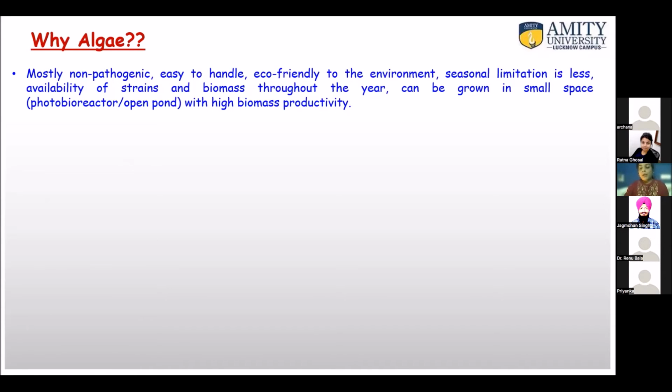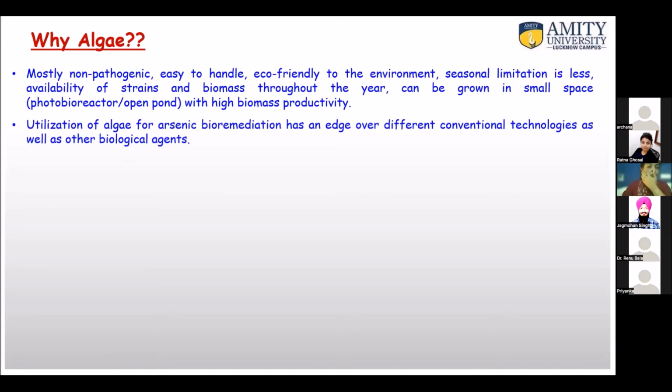with high biomass productivity. The utilization of algae for arsenic bioremediation has an edge over different conventional technologies that we are using like flocculation, oxidation, and membrane filtration. Nowadays, we are using RO filtration. So those different type of conventional technologies and also different biological agents, those are capable of remediate arsenic like microbes, fungi.